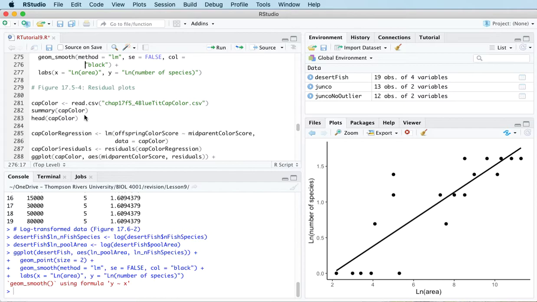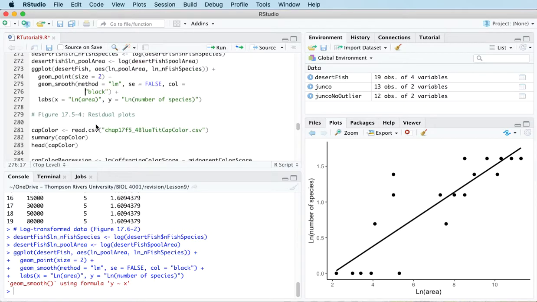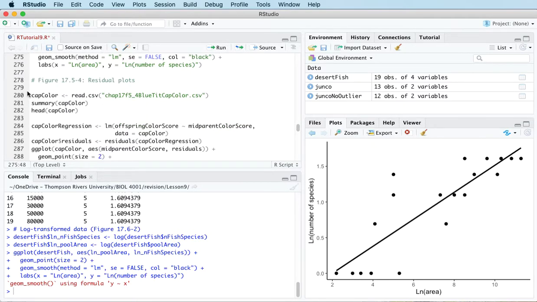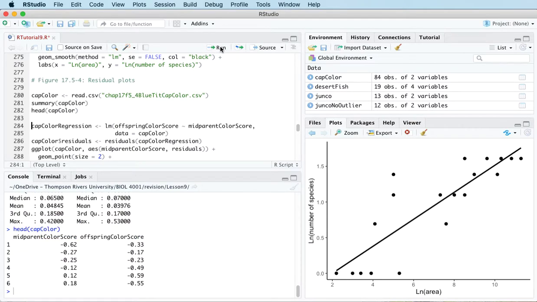As another example, let's look at this data set here. This data set is from the cap color of offspring on that of their parents for blue tits, which is a British bird.